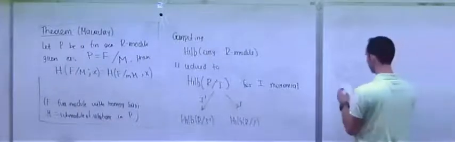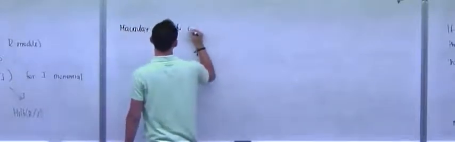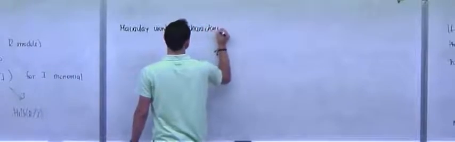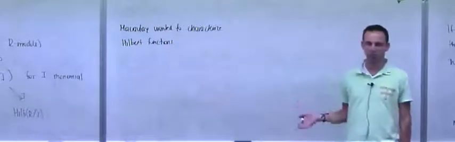This is what he was trying to do. So Macaulay wanted to characterize Hilbert functions. He wanted to know when a given function is the Hilbert function of something or is not, under some conditions.